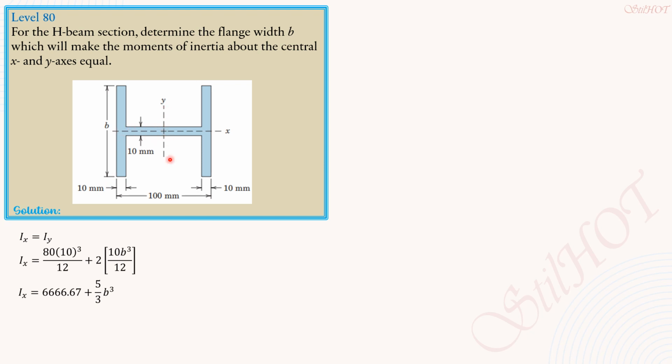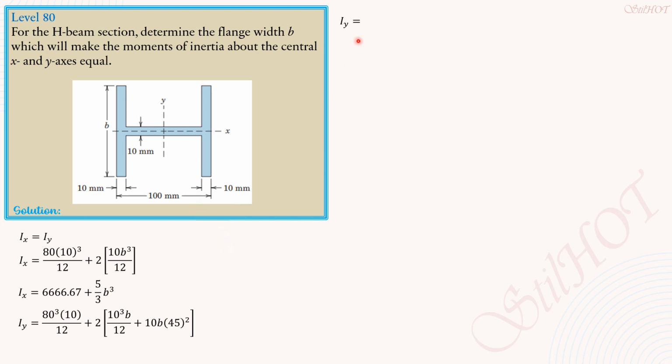So Iy equals 80 cube times 10 over 12 for the middle rectangle plus 2 times 10 cube times b over 12 plus area of the rectangle 10b, then distance square 45 square, then times 2 because there are two vertical rectangles, these rectangles here.